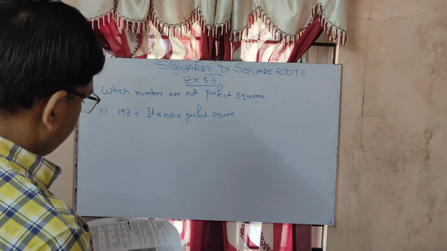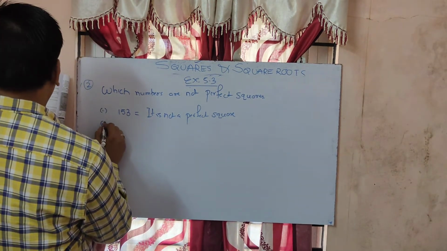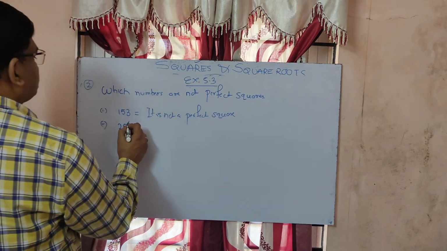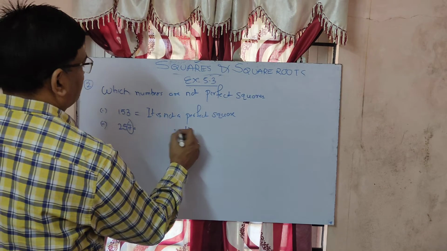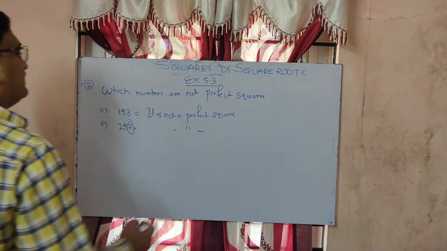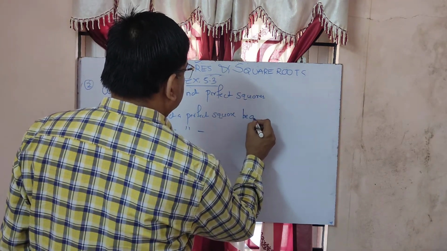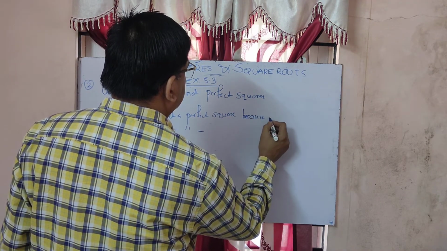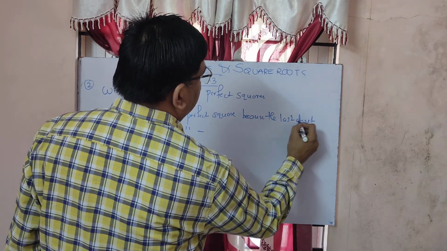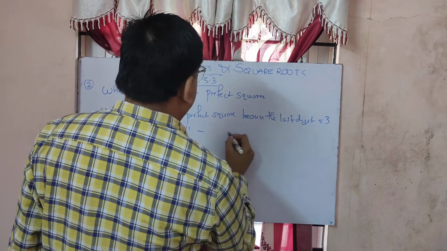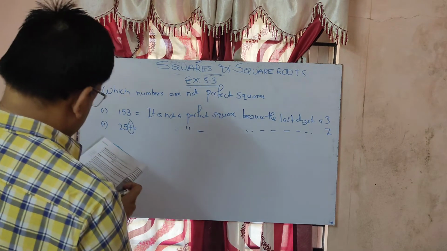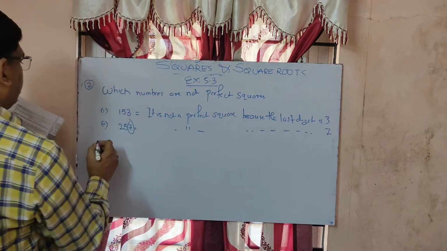What is the second one? 257. Again, what is the last digit here? 7. So this is also not a perfect square. Why? Because the last digit is 7. Next one, 408.